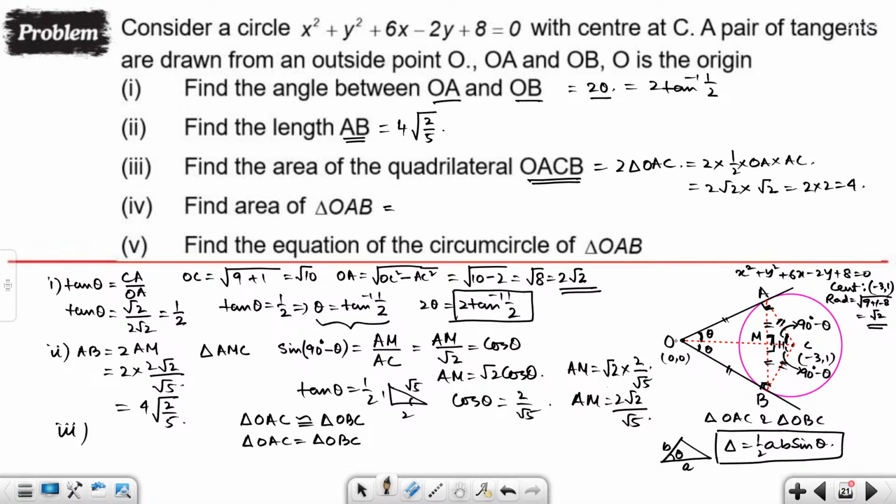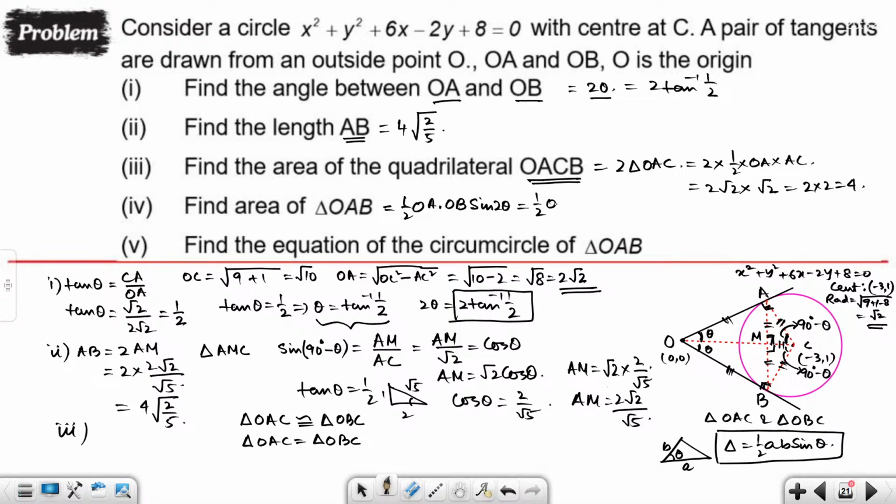So to find the area of OAB, I can write half OA into OB into sine of the angle between them, which is 2 theta. OA is 2 root 2, and the lengths of OA and OB are the same.